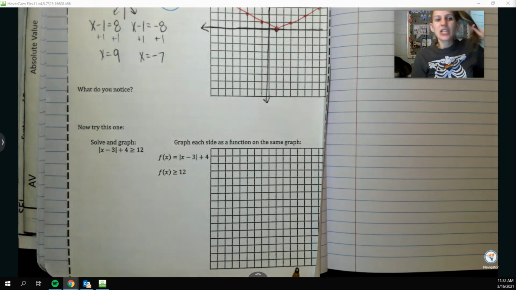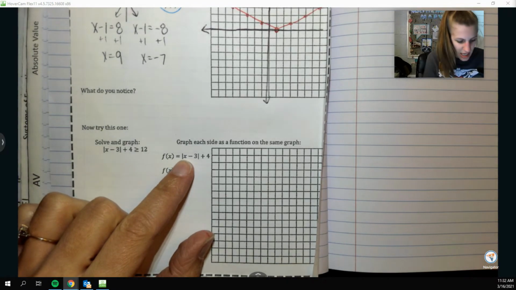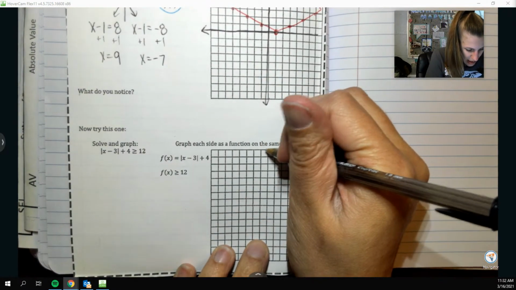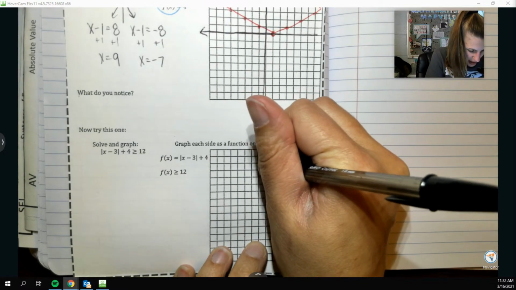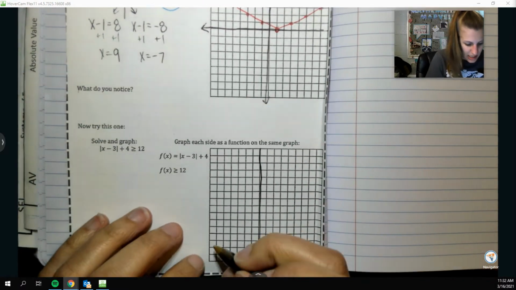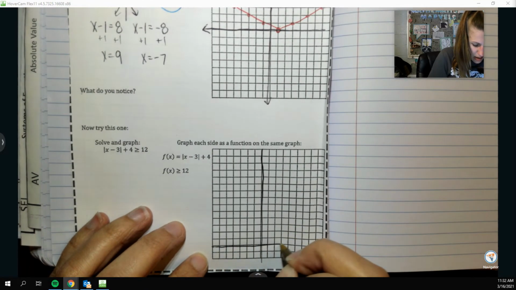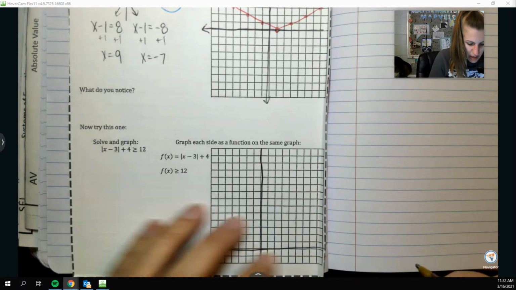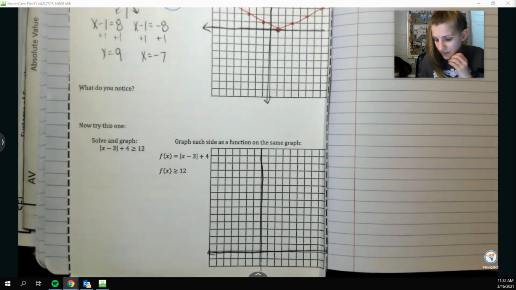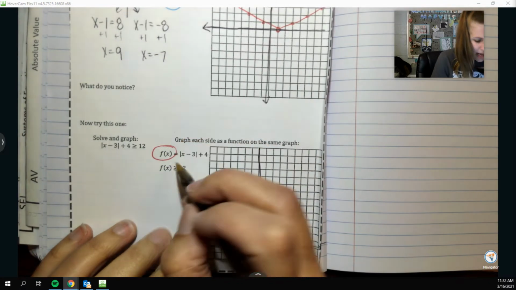Let's see. So with the graphing one here, again, I'll do this top one here. Let me get some grid lines going again. I need to be up at 12, so I'm going to do my grid lines kind of down here, like real low. Hopefully I made it low enough. I might have to count by 2s. All right, so this top one, I'm going to graph in red.